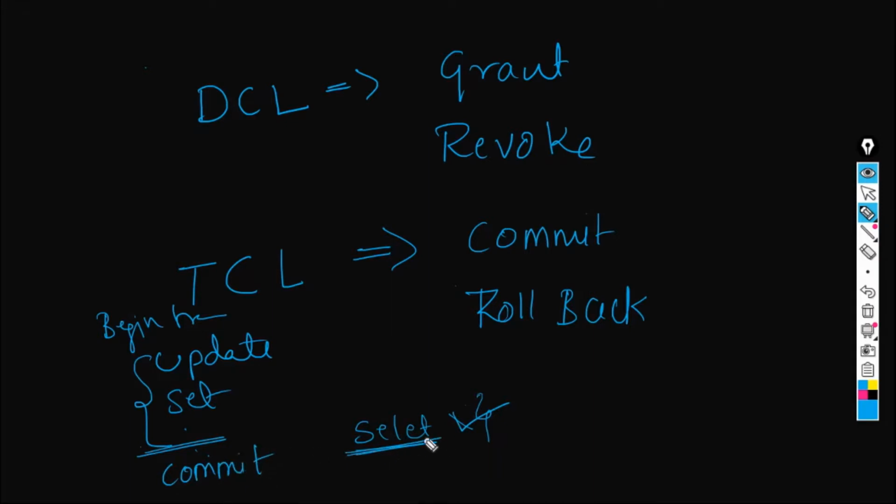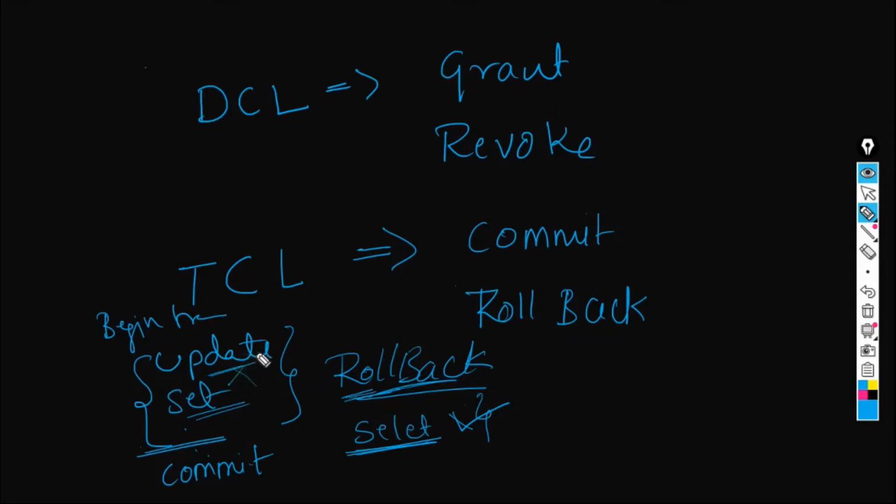If there is something wrong with the query I have written, I will just roll back this transaction. Probably we should see this example. We'll see. What rollback does is, whatever update statements you have run will not be committed.